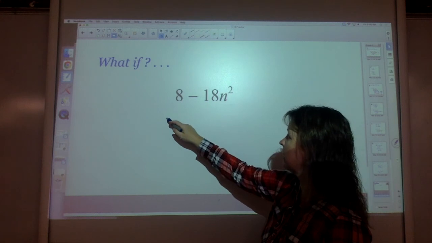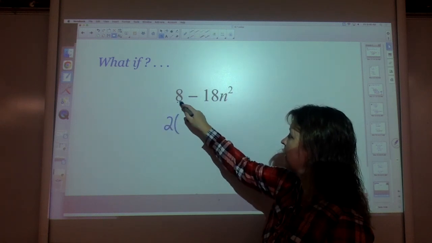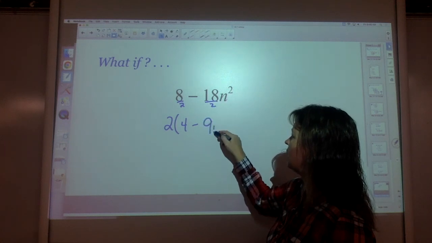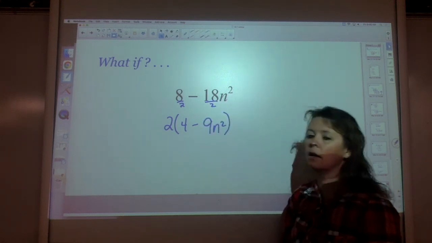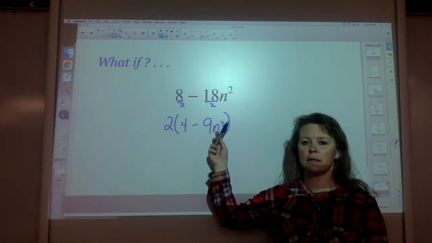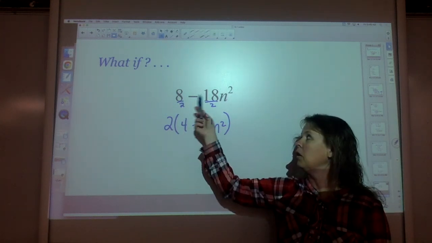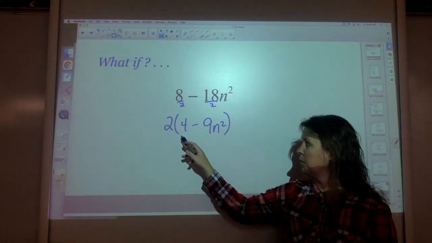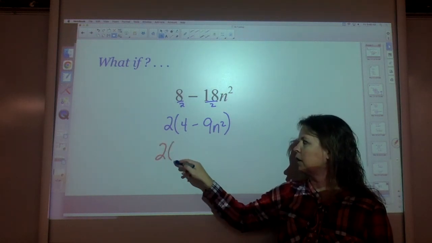Their greatest common factor is 2. If I divide this by 2, I get 4. If I divide this by 2, I get 9n squared. Oh, look. Perfect squares. Don't give up on them. You always got to be thinking about that greatest common factor.